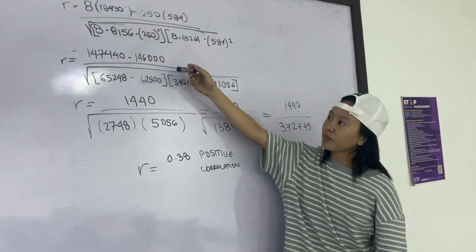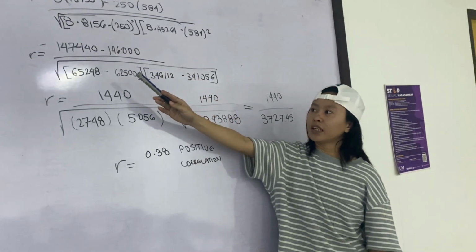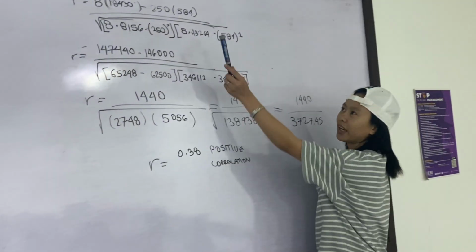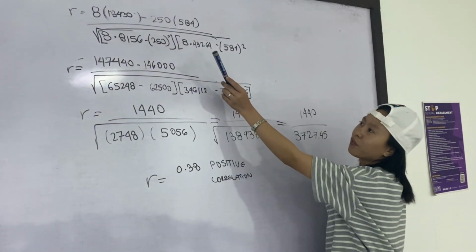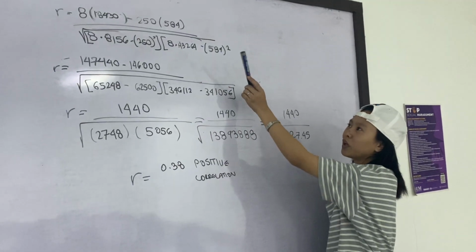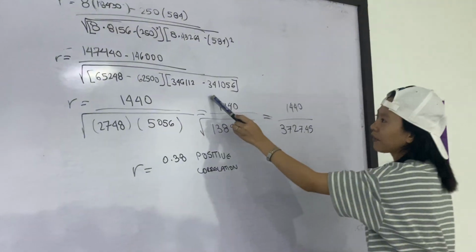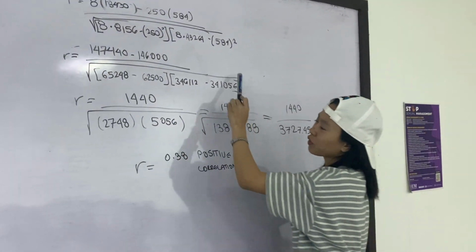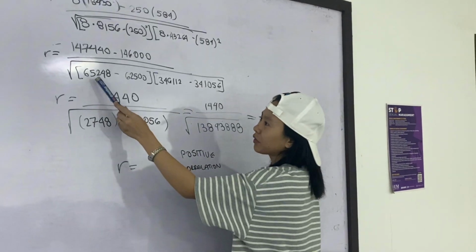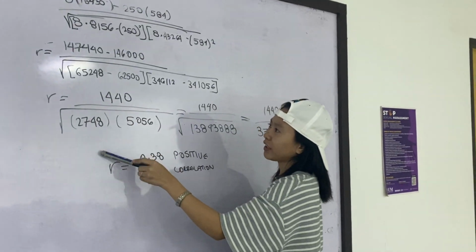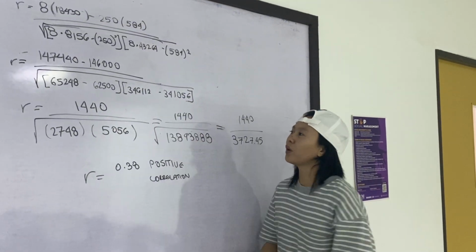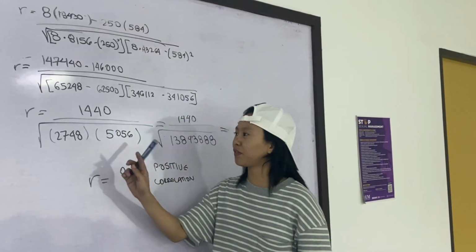Then square the 250, that is 62500, and multiply the 8 and 43264, that is 346112, and square the 584, that is 341056. Then you will subtract these two. We have 1440, and subtract this, we have 2748, and subtract also 346112 and 341056, that is 5056.